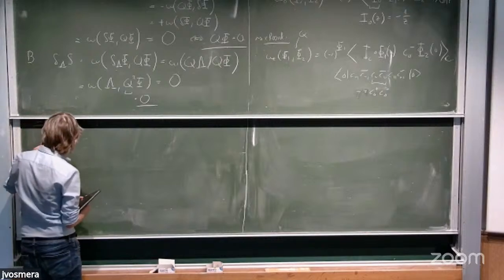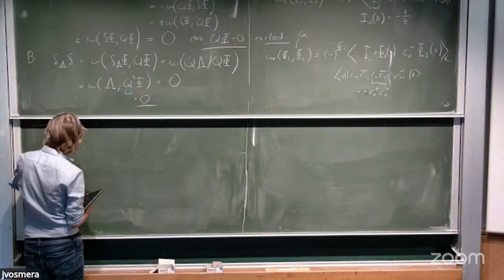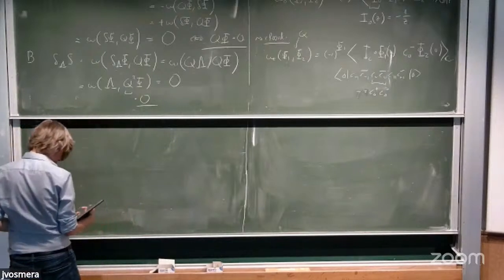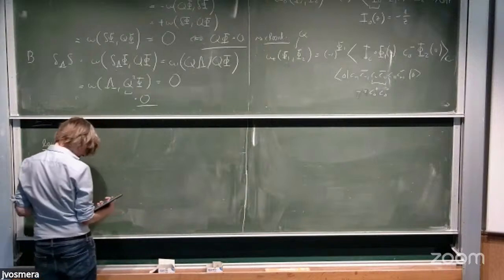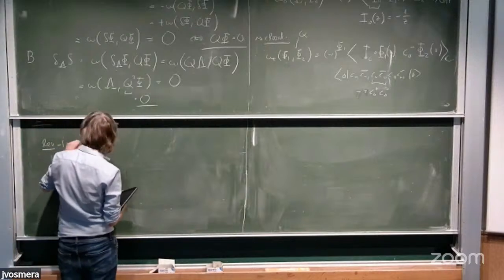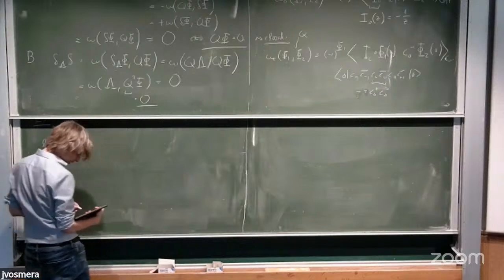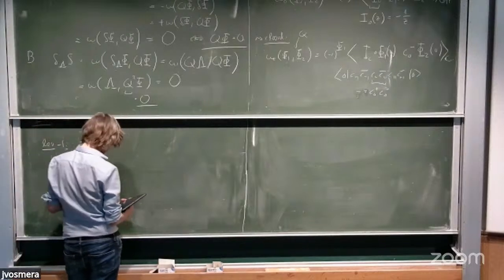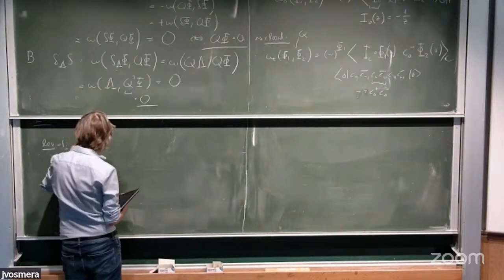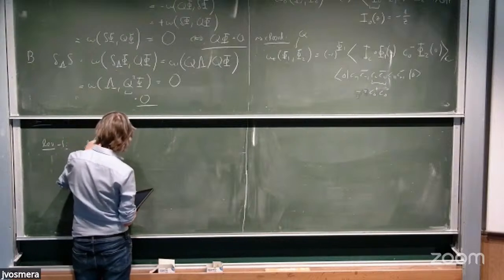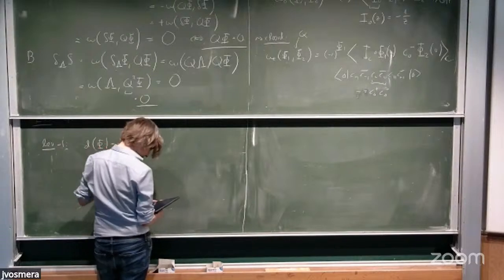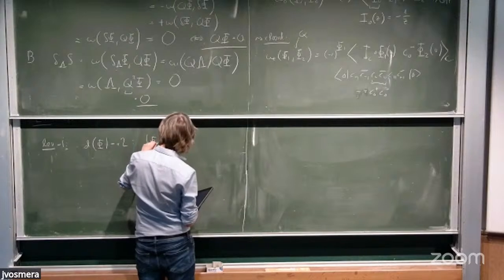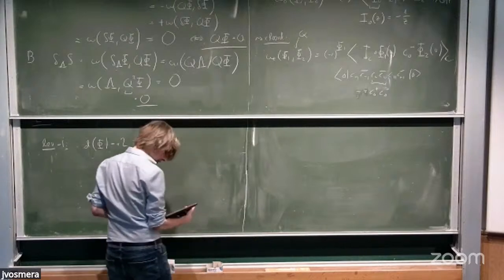So starting with level -1, of course, what we all know that we encounter in bosonic string theory is the tachyon. So when we try to write down a state at ghost number +1, so at degree +2, for the open string, the only state which we find is the tachyon.